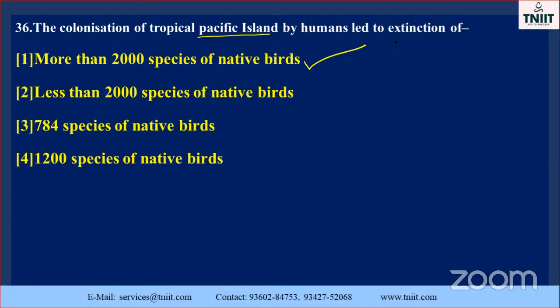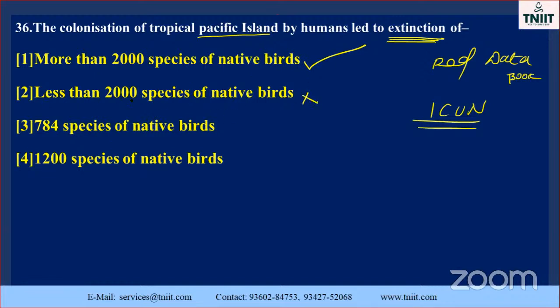Because in the Pacific island, how many are extinct? Extinct, Red Data Book. Don't forget this one, IUCN Red Data Book. So this is the correct option. Less than 2,000 species of native birds, no. More than 784 species, no. 1,200 species of native birds, no. So this one is the correct. Which one? A tropical Pacific island.